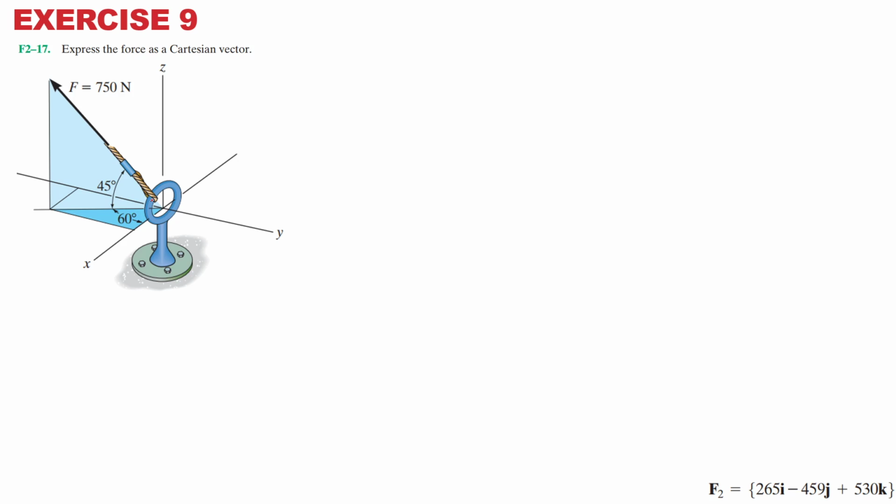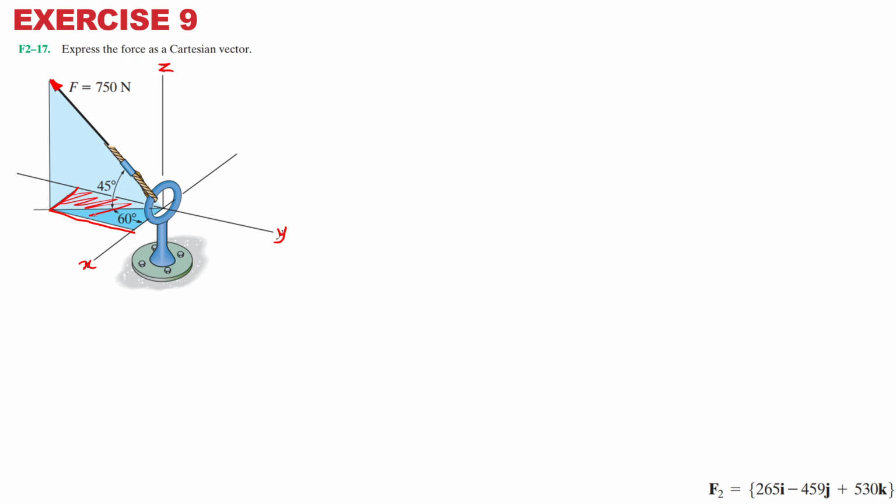So let's look at the problem. We have the same axis. This is X, this is Y, this is your Z. The force is this one. This is 750 Newton. So now we have some sort of a plane.